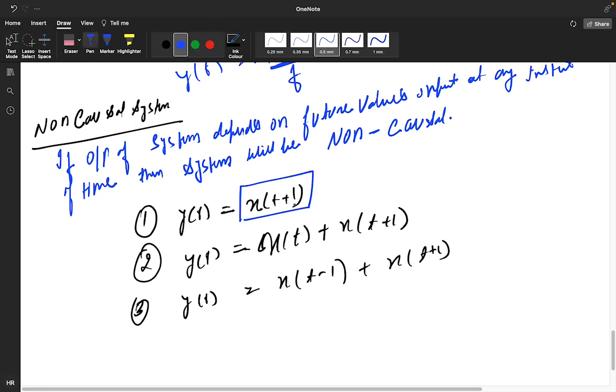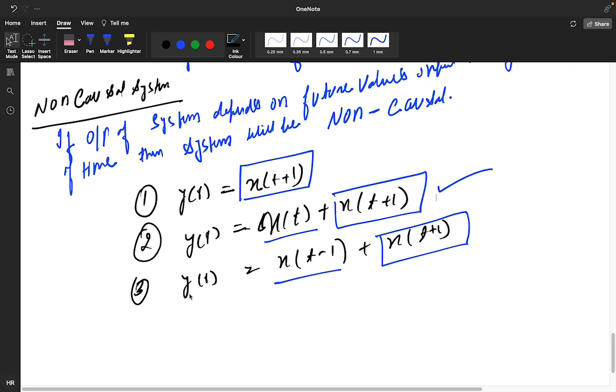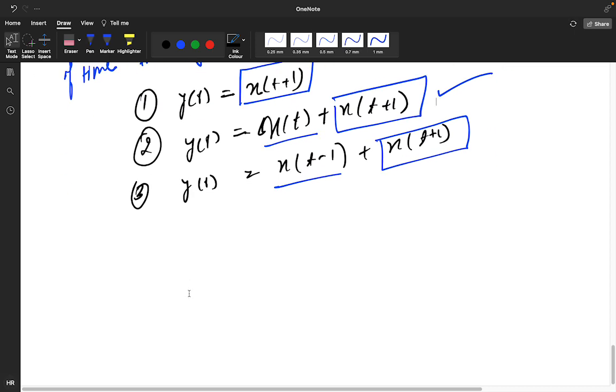From this t plus 1, this future value. This is your present value, this is your past value. But if you are getting the future value in the signal, that means the system is a non-causal system. Always remember, if any future value is coming as part of your output, then the system will be a non-causal system, right?